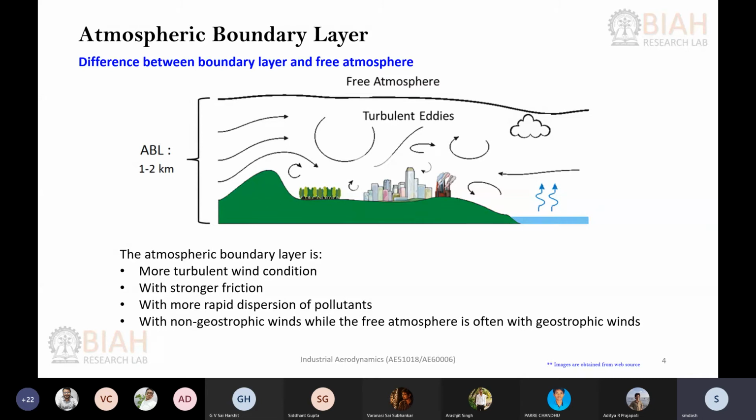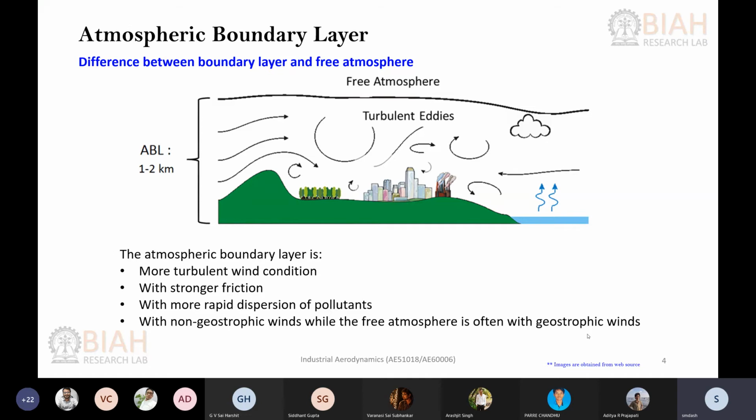The wind spirals near the surface; it is not a uniform growth, it's a spiraling growth. So there is no geostrophic wind condition here, no balance between the pressure gradient force and the Coriolis force, because the frictional effects are so dominant. But in the free atmosphere, you get geostrophic wind.